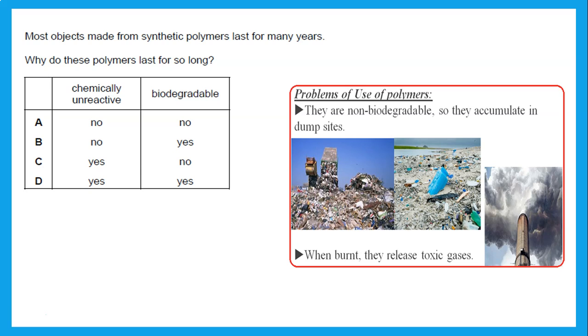And then when we decide to burn them, they release toxic gases. So remember that they are non-biodegradable because they are chemically unreactive or chemically inert. So when the question says they are chemically unreactive, yes. Are they biodegradable? No. Remember we said they are non-biodegradable. So my answer is C.